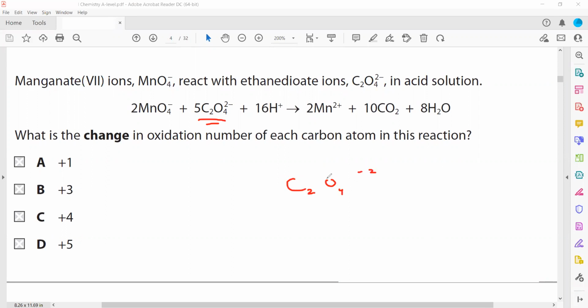So carbon is unknown. Oxygen belongs to group 6, each oxygen is -2, so 4 oxygen will be -8. Because the overall compound is -2, what should be the total for carbon? It should be +6, because +6 -8 gives -2. So if +6 for 2 carbons, for each carbon it will be +3.